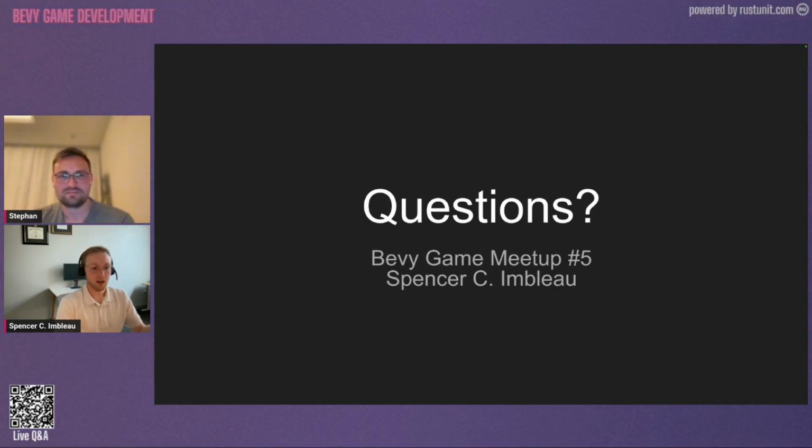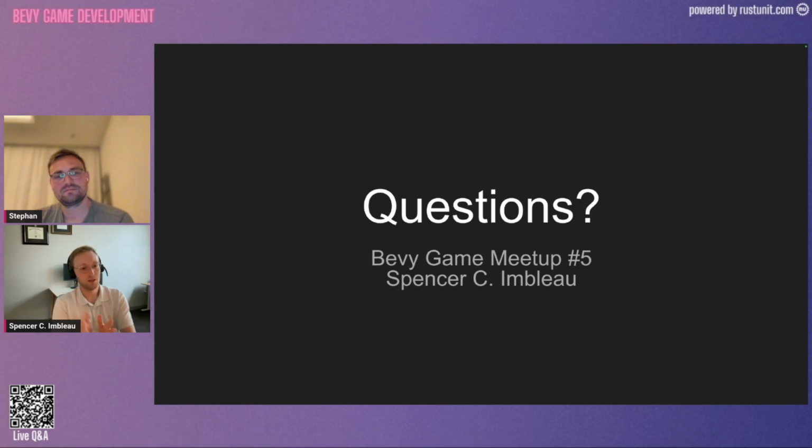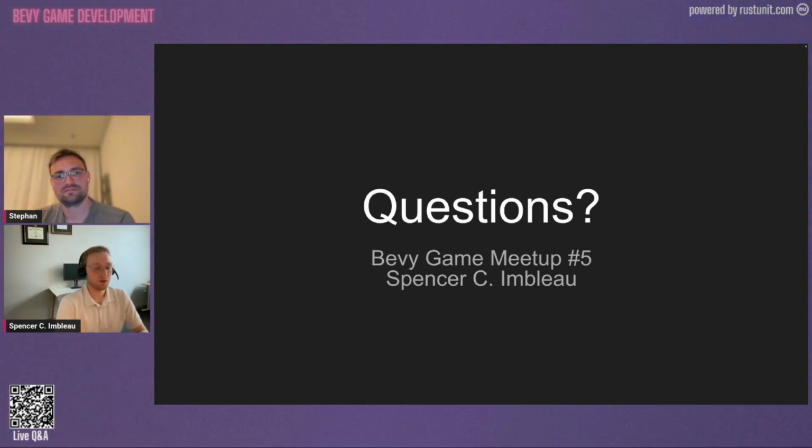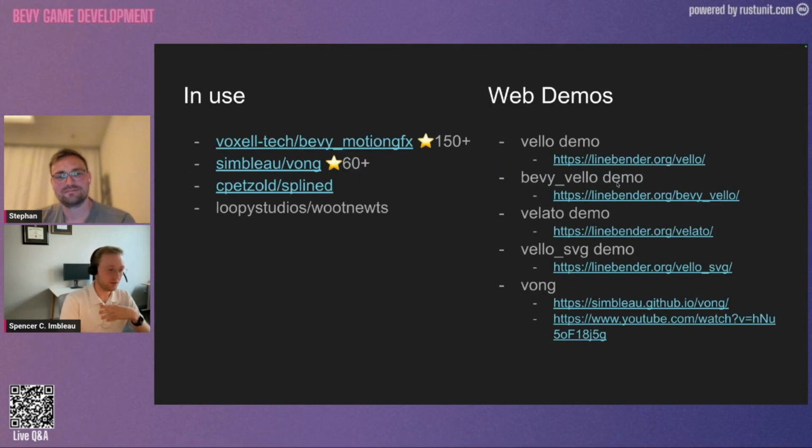So for something like a Lottie file, it's going to translate it in memory to a Velato renderer, and then every frame you're going to request a new frame, and that encoding is very cheap and easy to send to the GPU.